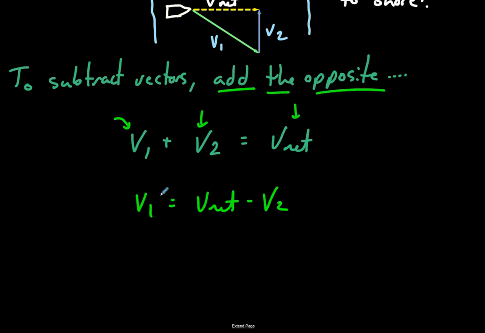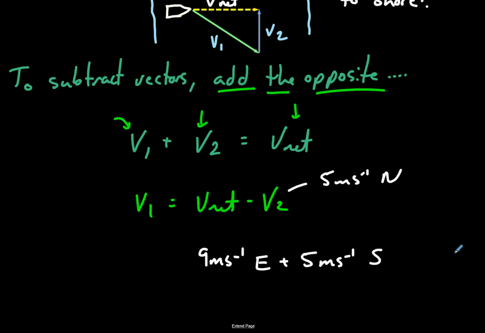So to add the opposite, we're going to say we need V net, so we need 9 meters per second east plus the opposite of V2, which was 5 meters per second to the north. So we add 5 meters per second to the south.